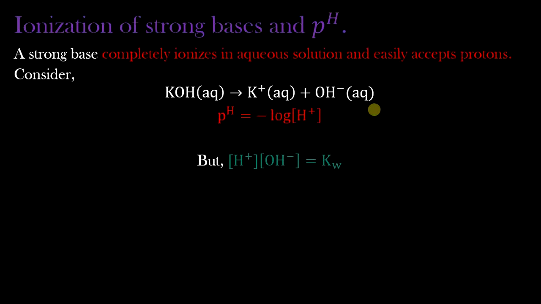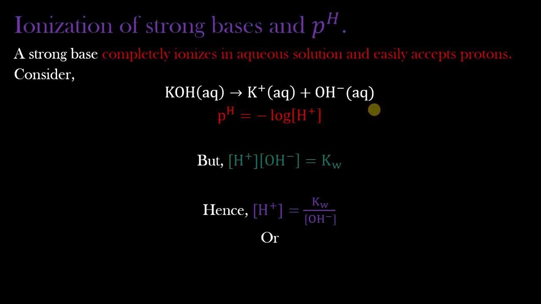Since our equation gives us the molar concentration of hydroxyl ions, we can use that to obtain the molar concentration of hydrogen ions given a known value of Kw. So the molar concentration of hydrogen ions will be Kw divided by the molar concentration of hydroxyl ions.